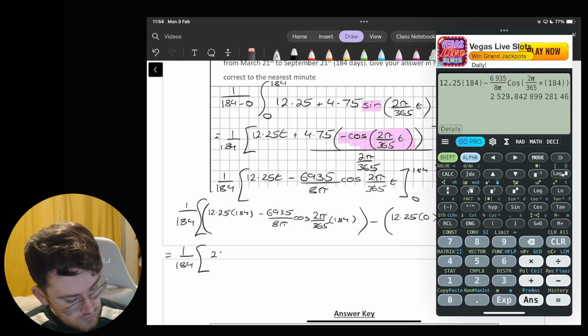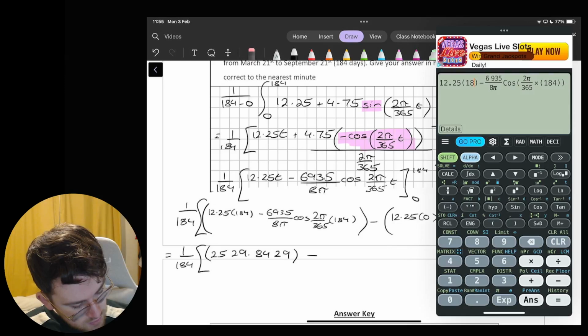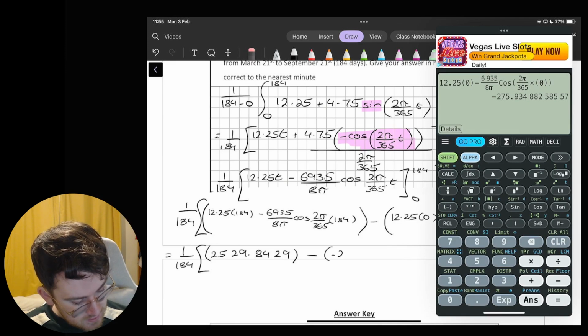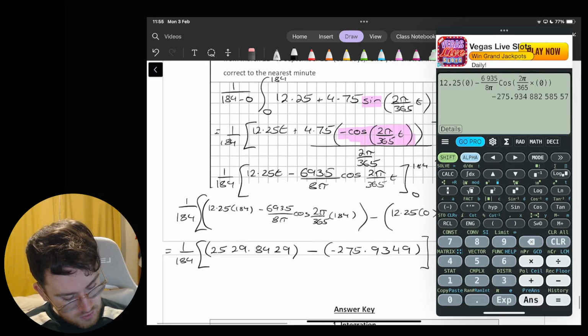So we get 2529.8429 minus, let's replace now the 184s with the zeros. Okay, be careful doing this as well in an exam, because there's always a chance that what you've inputted in the first place was incorrect. So you just always have to be very, very careful with all of this.